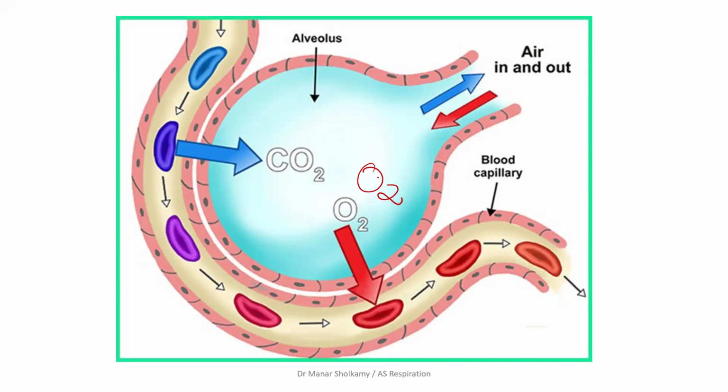Why is it 5? All of these are made up of one endothelial layer, one layer of cells. This is a cell, and this is a cell, the wall of the capillary. And you have another cell here. So this is one cell membrane, another cell membrane, a third, and a fourth, and then it will enter inside the red blood cell.